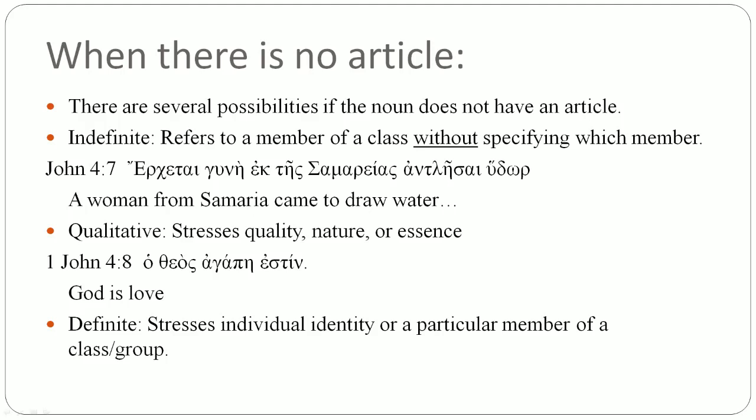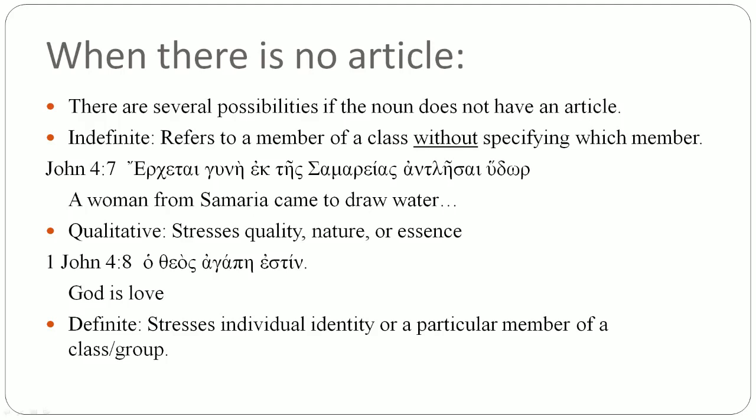Ho theos agape estin. God is love. Agape in this case is the word that we're looking at. Notice that there is no article with agape, and it's just saying God is love, that in essence the nature of God is love.